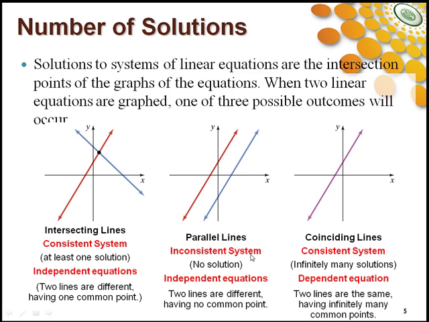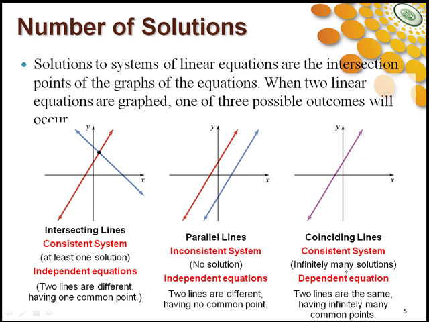There is another type of system. This is when we graph two lines and they match; they're identical. The two lines are the same line. In this case, we call the system consistent, because we have at least one solution.